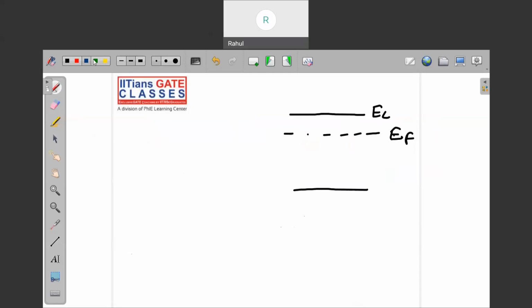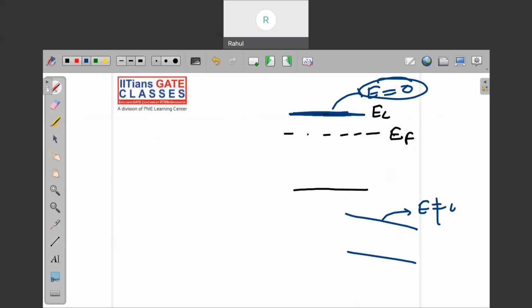Now there is no slope in this energy band, so there will not be any electric field. The electric field will be zero here. But if there is a slope in the bands, the electric field will not be zero. Why? Because there is a gradient, a slope.